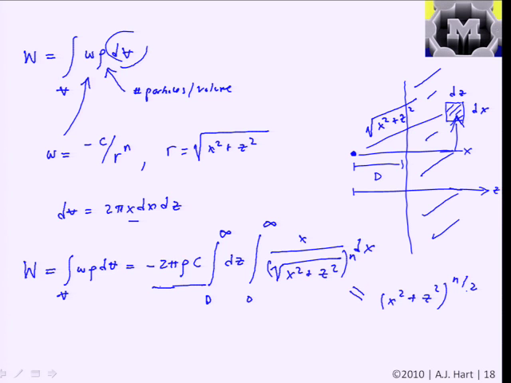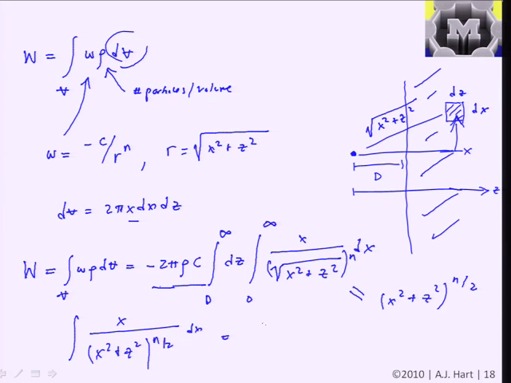And then if we look at the integral of this alone, we'll see that the integral of x divided by x squared plus z squared to the n over 2 dx is 1 over n minus 2 times x squared plus z squared to the n over 2 minus 1.